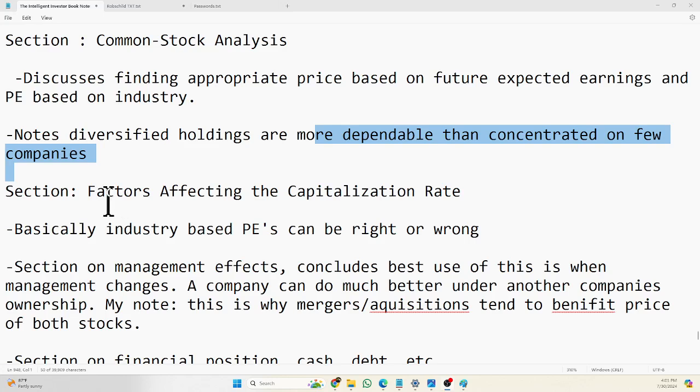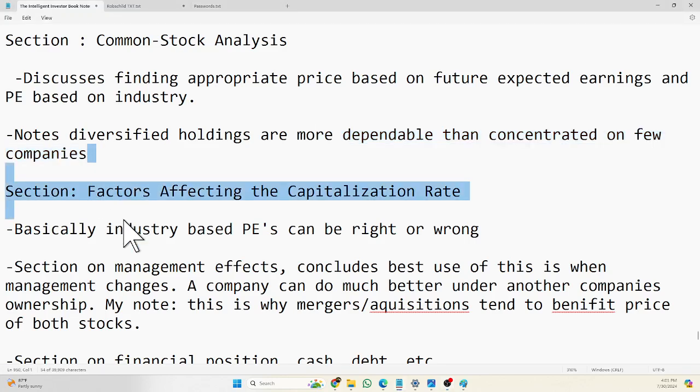Some people are able to do that accurately. More often than not, when people try to do that, the whole industry itself grows better. So it's better to just own the whole industry, basically, he's saying, than trying to pick individual stocks. But that's a fairly obvious thing that he repeats a lot throughout the chapter.